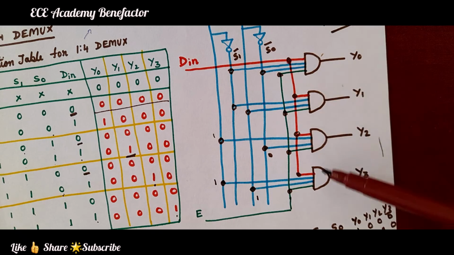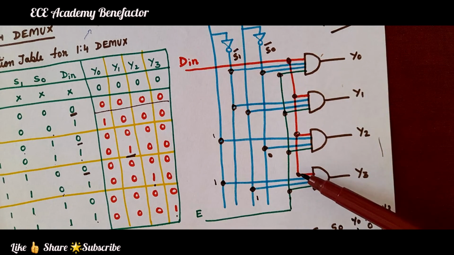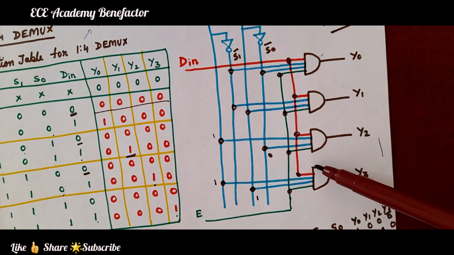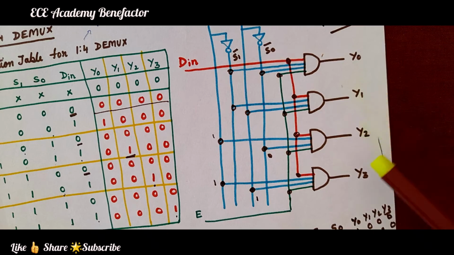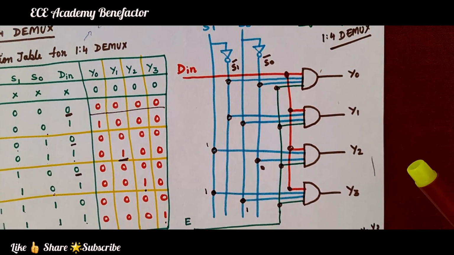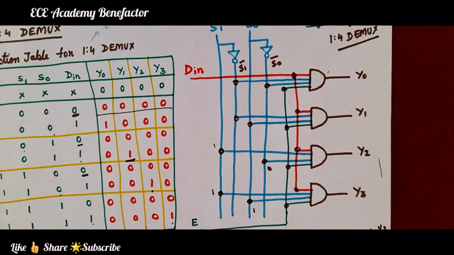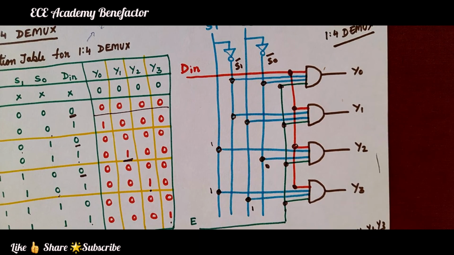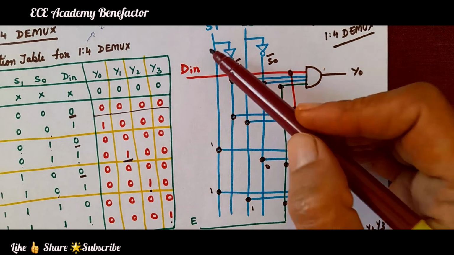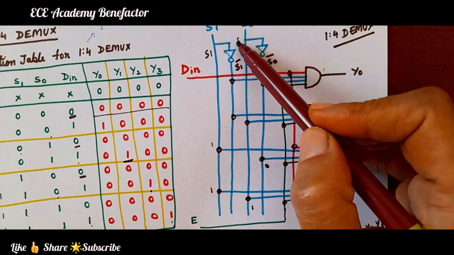So take 4 AND gates, data input given to all the 4 AND gates, enable given to all the 4 AND gates, and connect the selection lines to get the outputs Y0, Y1, Y2, Y3. So in this way we can easily draw the logic diagram of 1:4 demux. If you have any queries, you can post in the comment section. This is S1, this is S0.